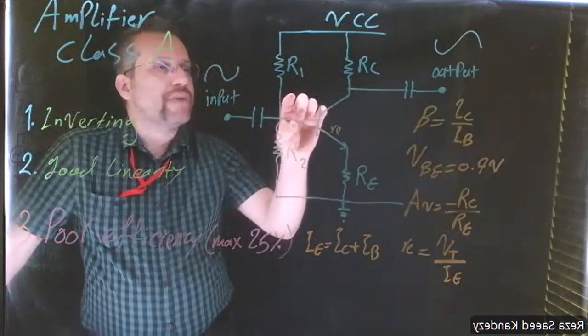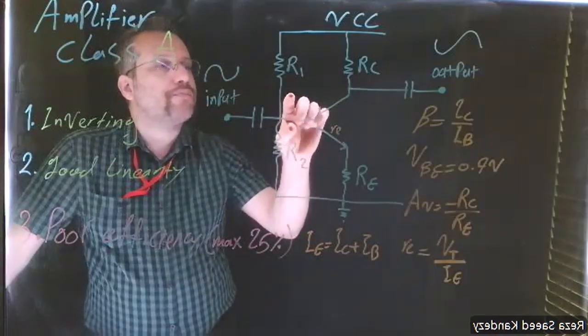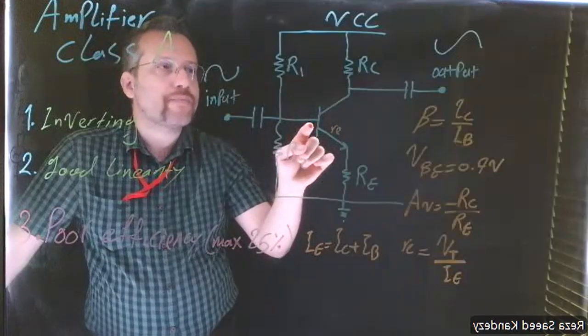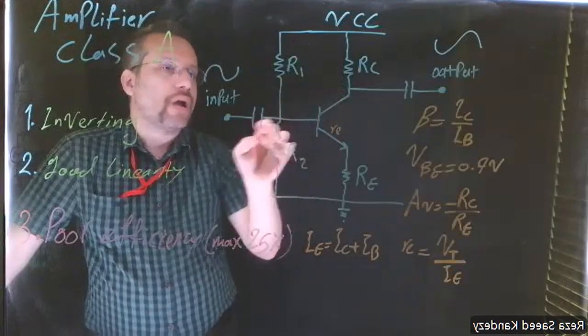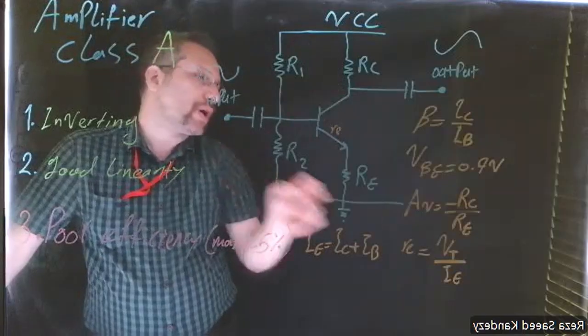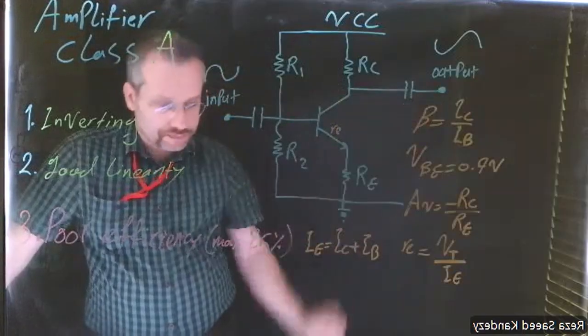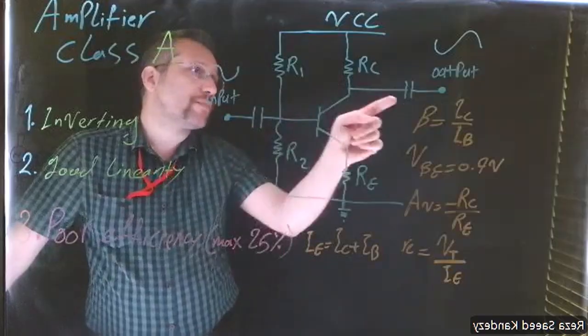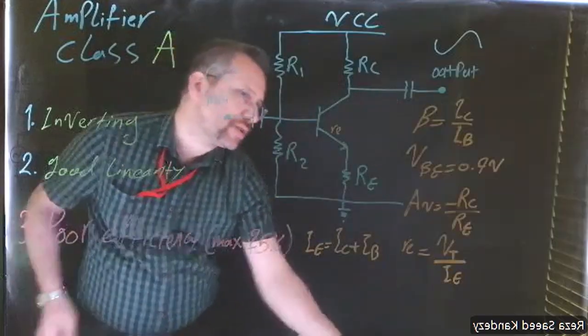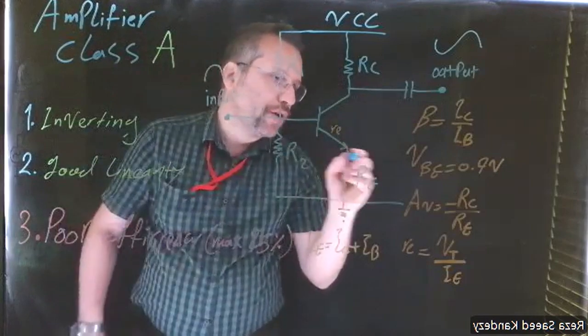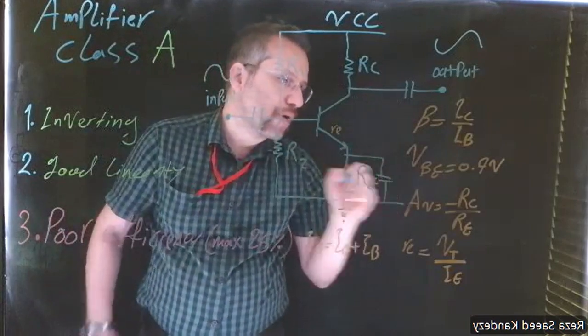And then we have a voltage divider to bias our base. And then we have input and output. Now, you can see some capacitors. Actually, there is another capacitor here also.